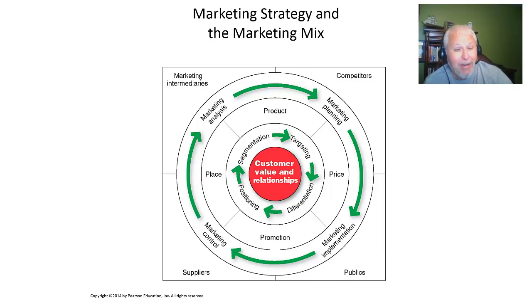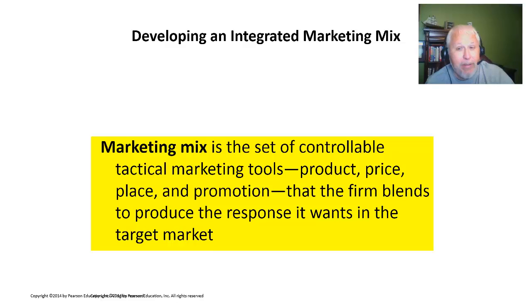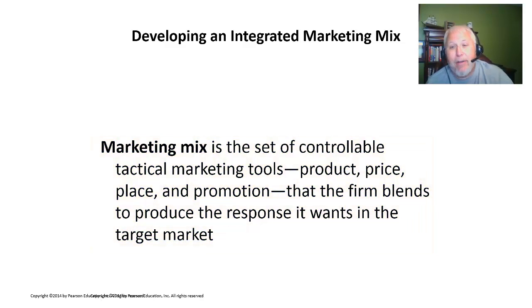Okay, once you've decided on who you want to go after, how do you go after it? That's the role of the next ring out, which is the marketing mix. And there's 4 elements to the marketing mix. They're the 4 P's, as you learned in basic business probably: product, price, place, and promotion. It's the set of controllable marketing tools that the marketer blends to get the response they want in their target customer.